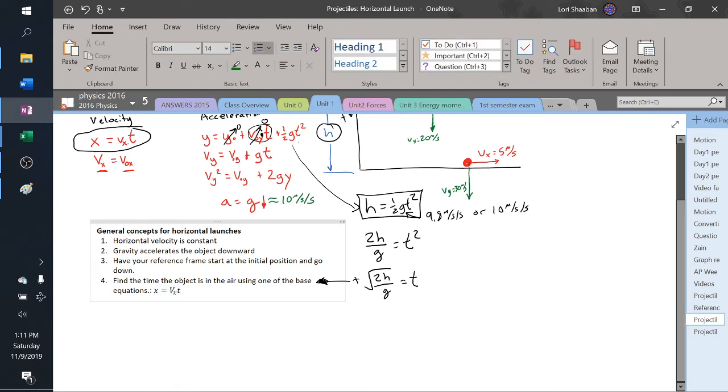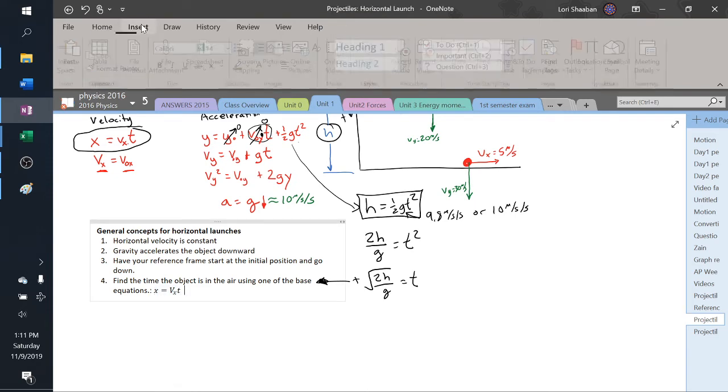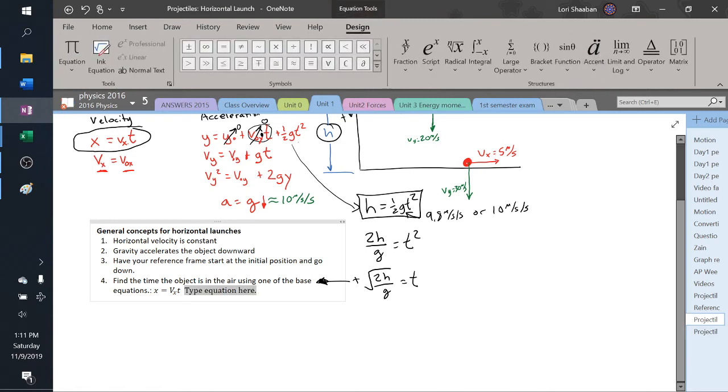And then the other equation, we'll just say height because the displacement is the height in this case, equals 1/2, let's just say 0.5 g t squared. Okay, so those 2 equations, that's all you need.